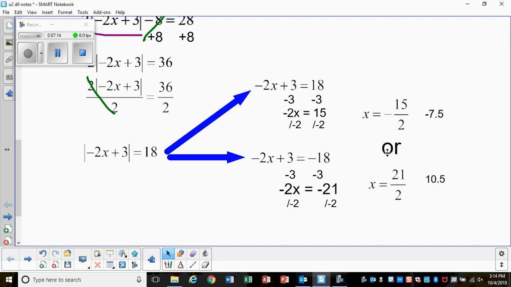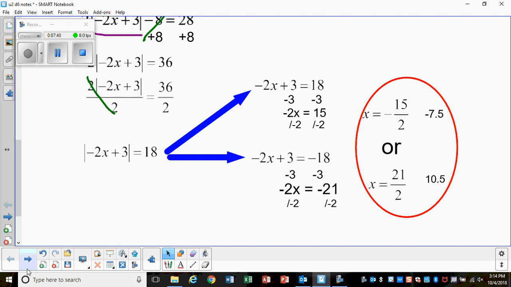You should be getting two solutions for an absolute value. So x could be this or this, and it would make it true. If I was going to write this in set notation, I would write x equals negative 7.5 or 10.5. Those are my two answers, and that's how I'd finish off the problem.